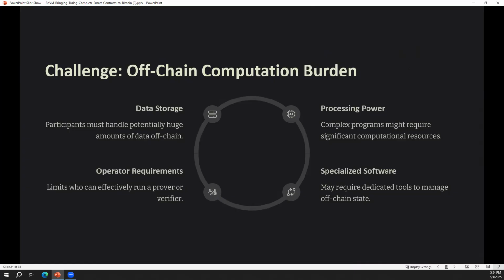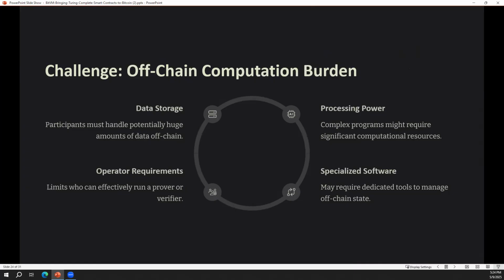If someone encodes a very complex program, the prover might need to perform millions of steps off-chain and store large transcripts of those steps, and the verifier must be able to process the challenges. As one source noted, off-chain computation will likely involve huge amounts of data. This could limit who can run a prover or verifier. It might require significant memory, time, and perhaps specialized software to manage the off-chain side.